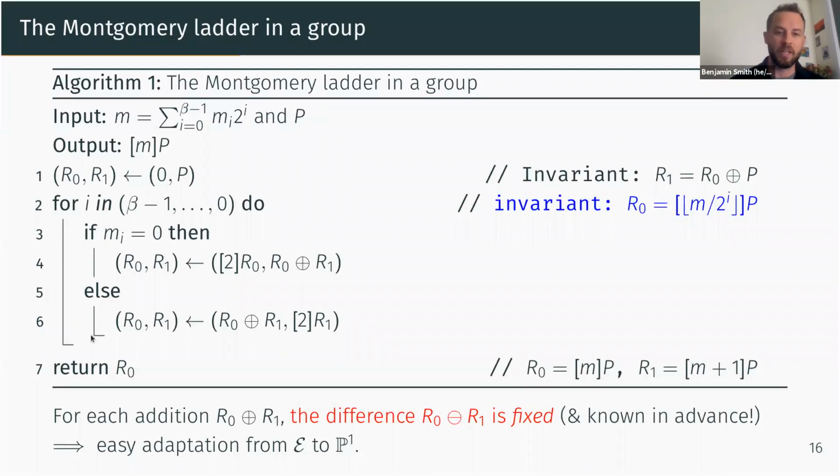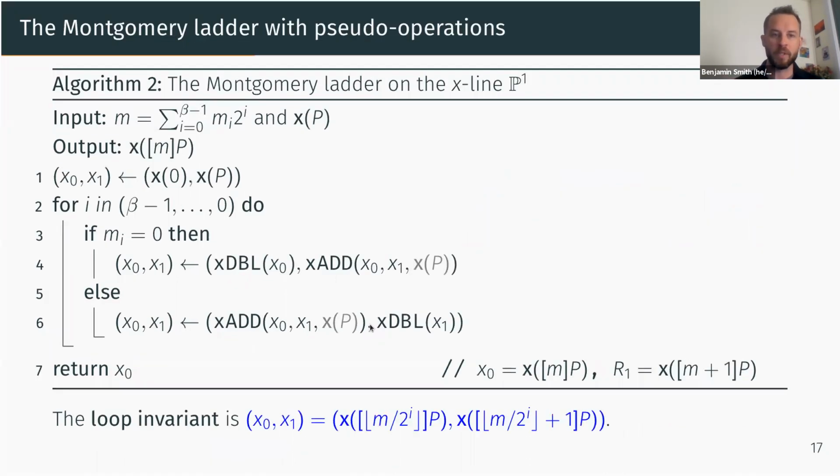So what that means is that anytime we want to do a plus here, we know the difference is P. The same goes here. So now we can replace all these pluses with x adds, and the doubles with x doubles. And the third argument to your x add in each case is x of P. You always know it. It's one of the inputs to the algorithm.